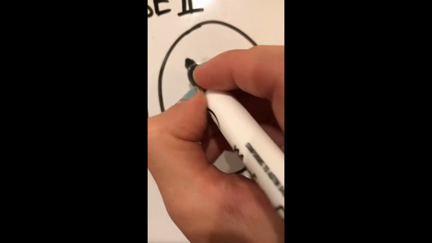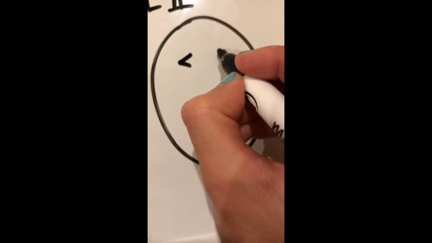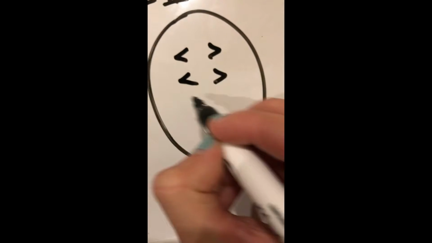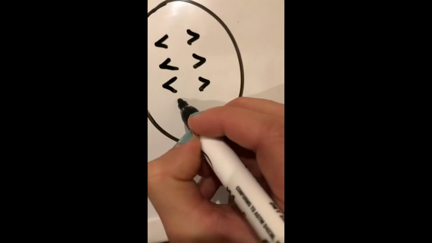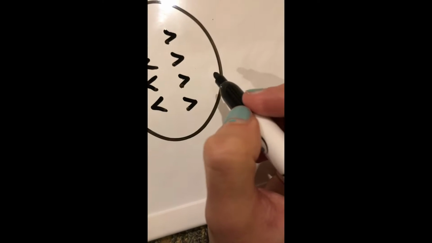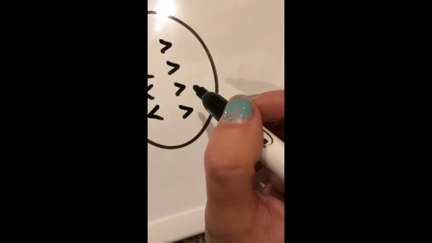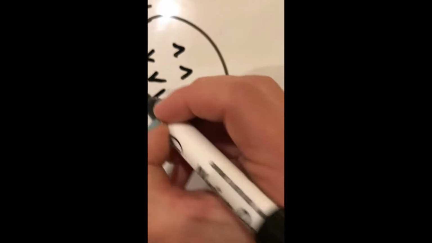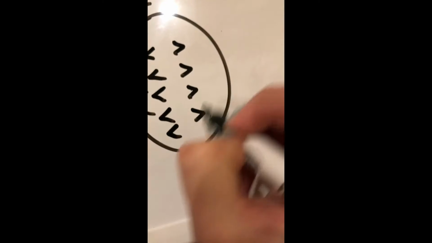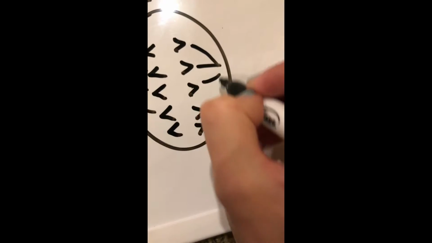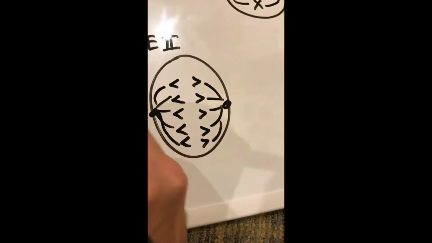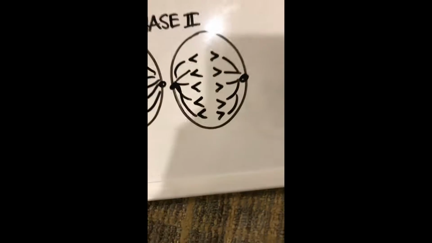This is happening over here as well, with the spindle fibers pulling them away too, and centrioles at the end.